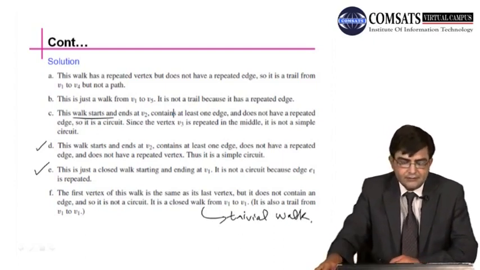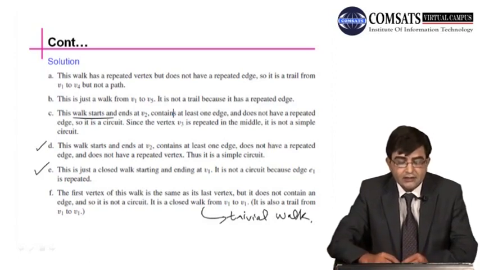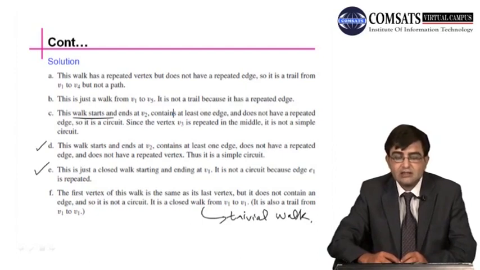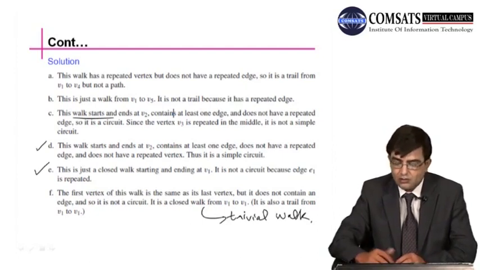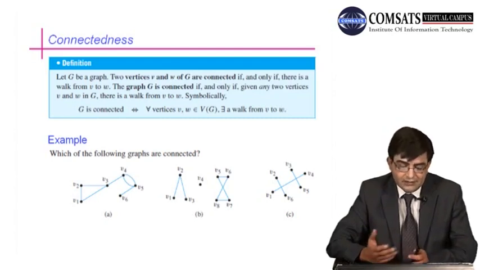So I hope you have understood what is a walk, and the other definitions: trail, path, simple circuit, closed walk. Now, what is connectedness? If we have graphs, we must discuss connectedness and disconnectedness.